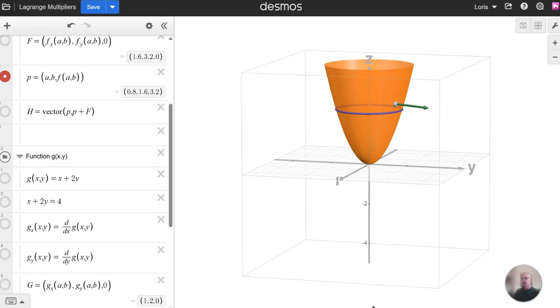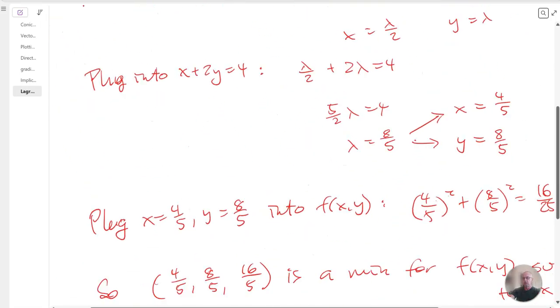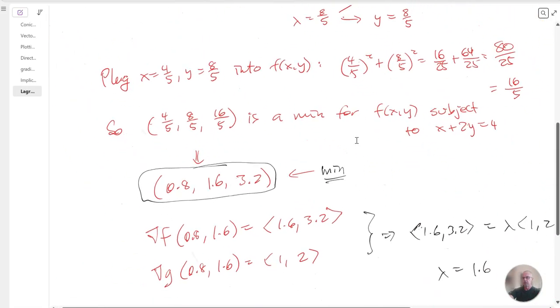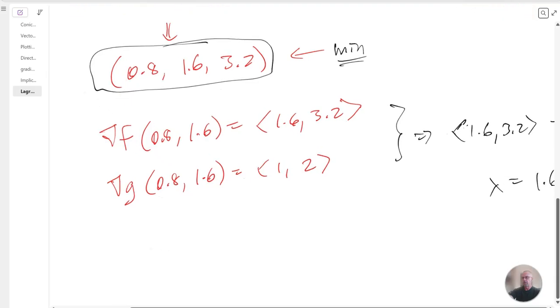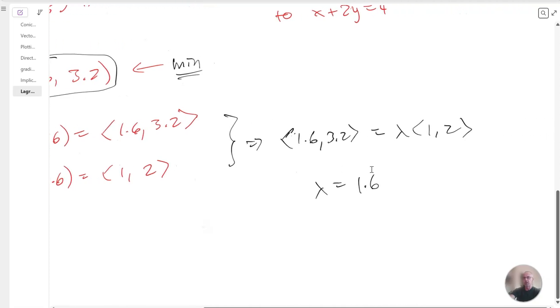Okay? Now, if you remember with Lagrange multipliers, the gradient of f is equal to some constant times the gradient of g. And when I did the math here, basically, if you look, the gradient of f is here for the point, gradient of g for the point is there. These are the two gradients. These are vectors, right?